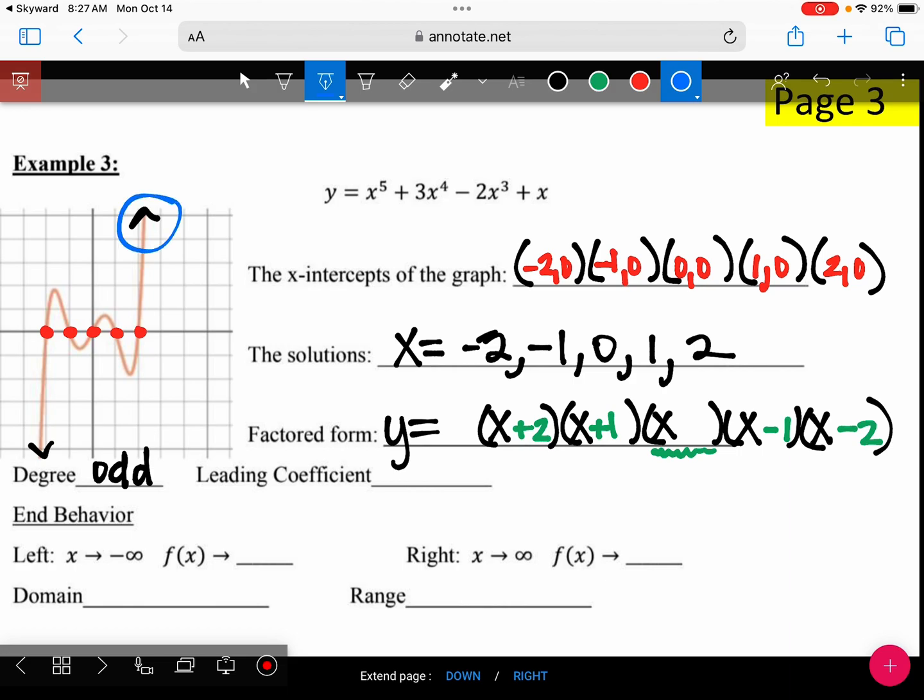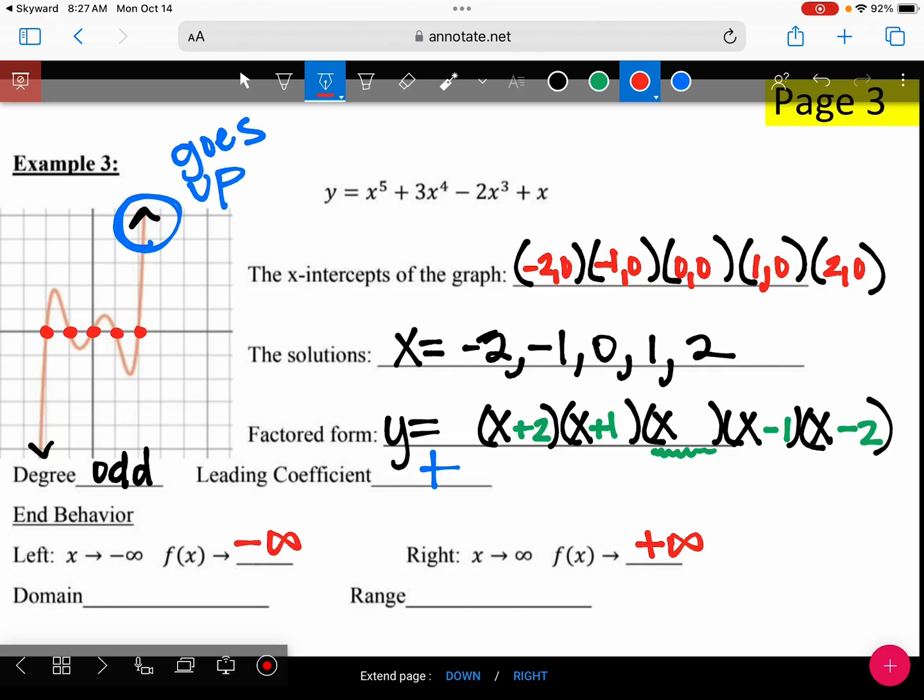So because this side is going up, see how it goes up? That means that my leading coefficient would be positive. Now the left side goes down, so that would be negative infinity. The right side goes up, so that would be positive infinity.